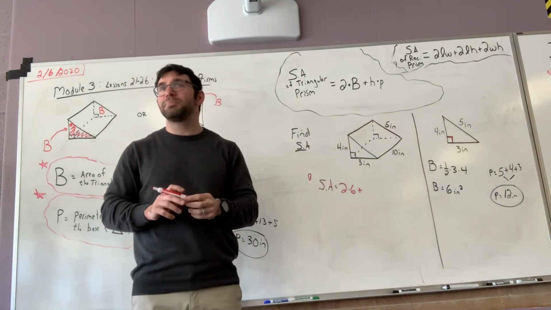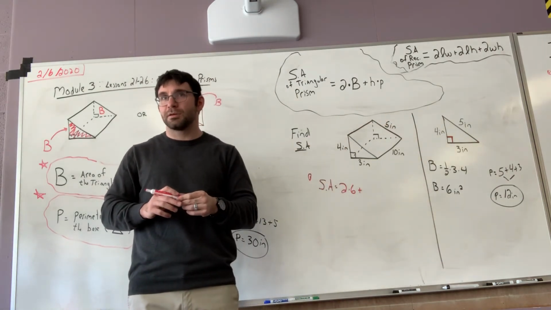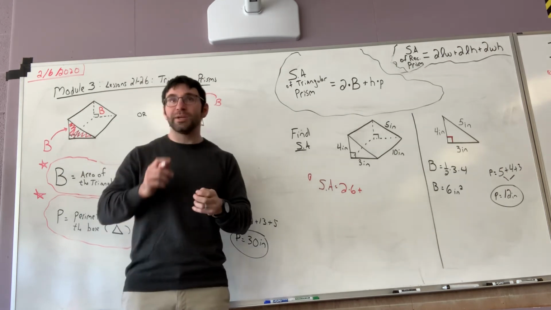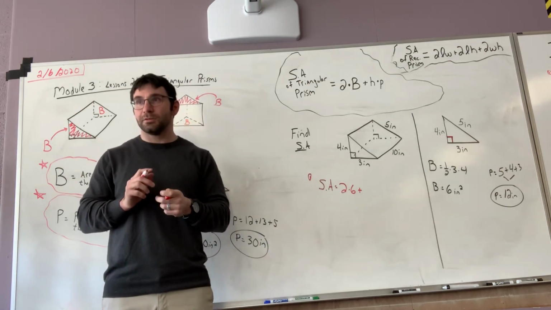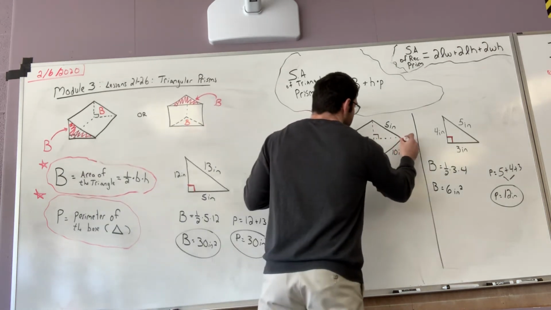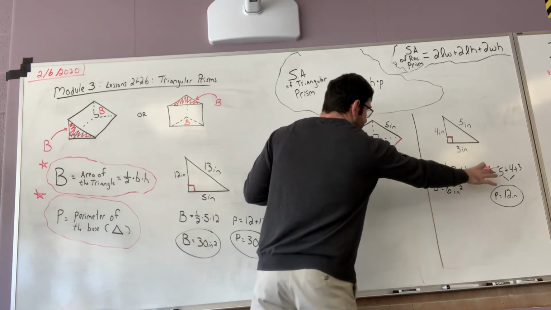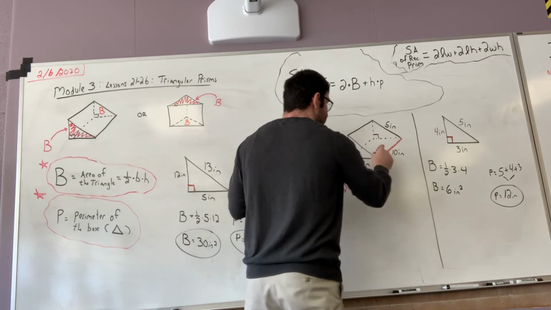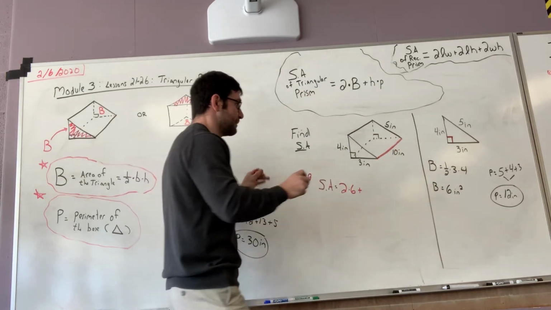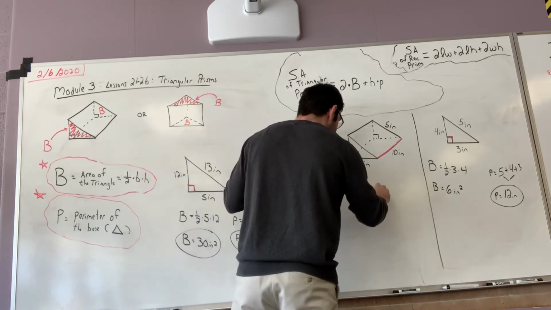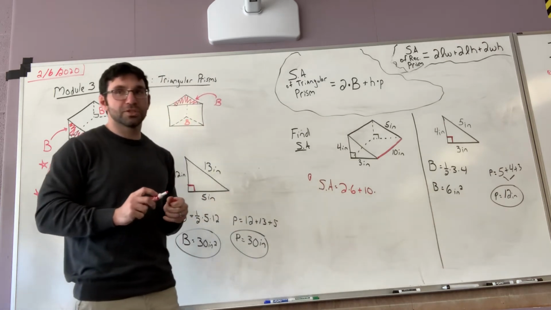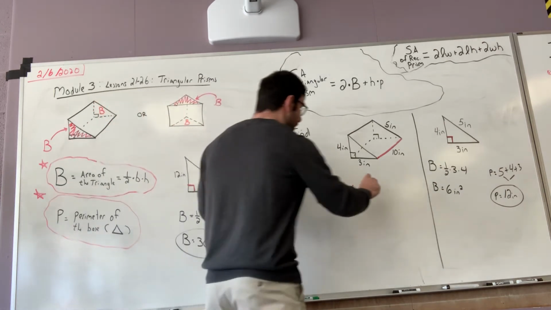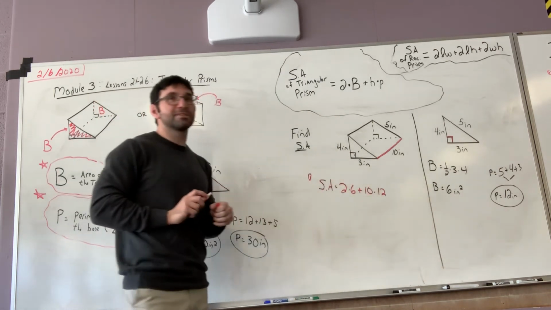It's the height between the bases. What's the height between the bases? Carter? Yeah. So once we've done B and P, I don't want to look at that anymore. The height is between these two bases, which is 10. So now it's plus 10 times the perimeter, which is what? Leland? 12. There's step 1, substitution.